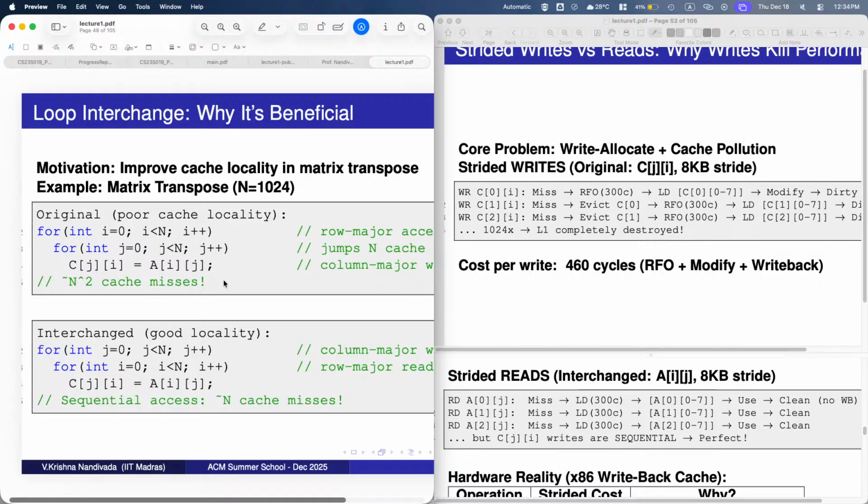If you look at it, in the original code for a given value of i, I am accessing 0 comma i, 1 comma i, 2 comma i, 3 comma i. So I am jumping, so the writes are at a distance of n. Here the reads are at a distance of n.